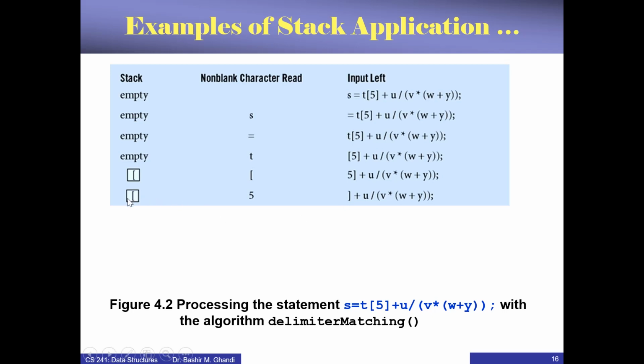No, it is not empty, which is good. Second, is this right matching this left? Yes, it is matching this left. So continue, don't stop, don't return true yet, but there is no issue. But if, of course, the stack is empty or they do not match, we have to stop immediately and return false. Okay, so this is what you see here. When we encounter this, we just pop this one, and our stack is now back to empty.